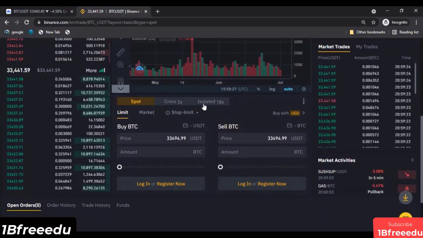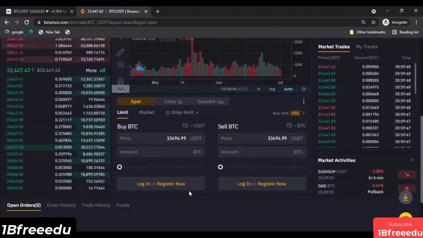If you get liquidated, you will lose all your funds. But in a spot trade, you just have to hold if you are in loss, because since you haven't sold anything, you are not in loss. Your assets have just depreciated, so when the prices are up, you can easily sell in profit.